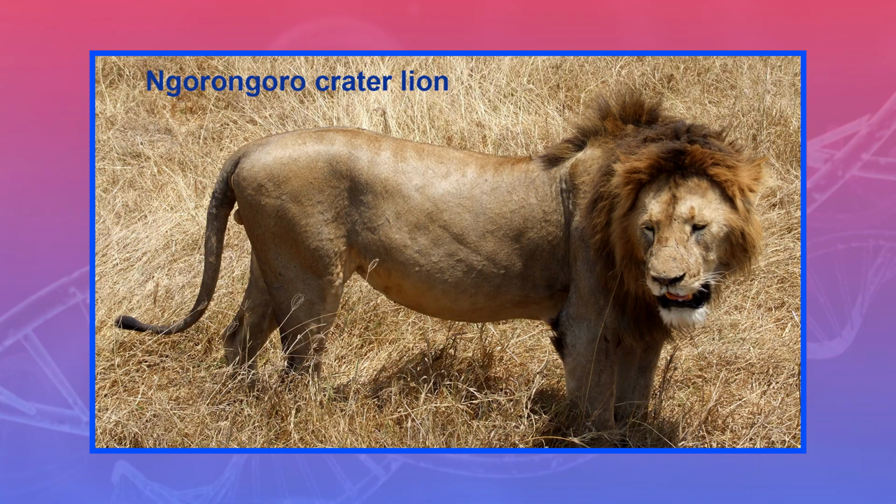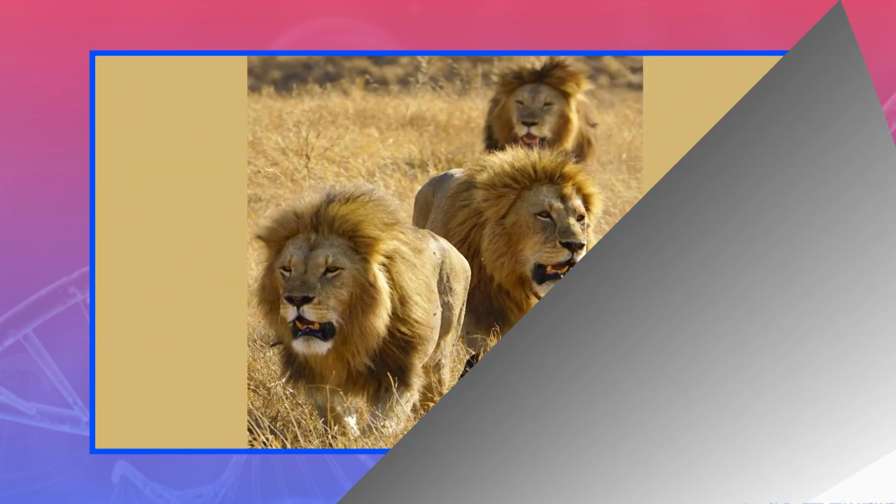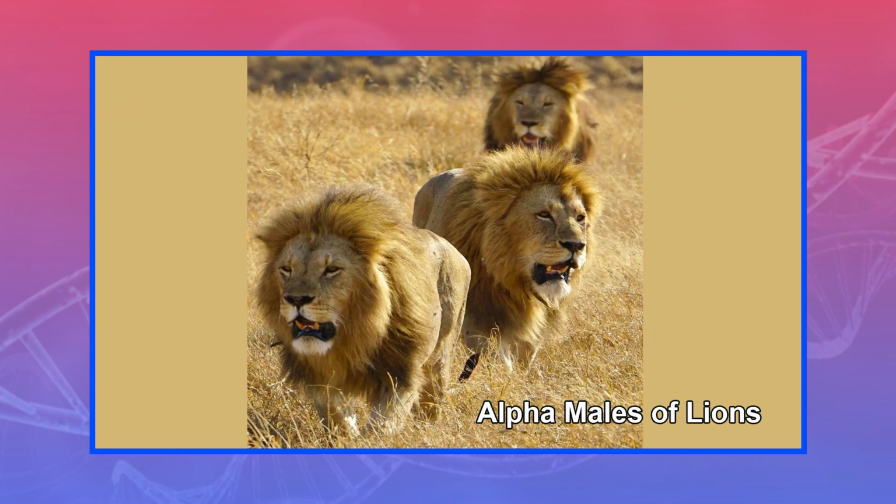Also, in some populations, such as the crater lions, it is known that a population bottleneck has occurred. In fact, predators are known for low genetic variance, along with most of the top portion of the trophic levels of an ecosystem. Additionally, the alpha males of two neighboring prides can be from the same litter.